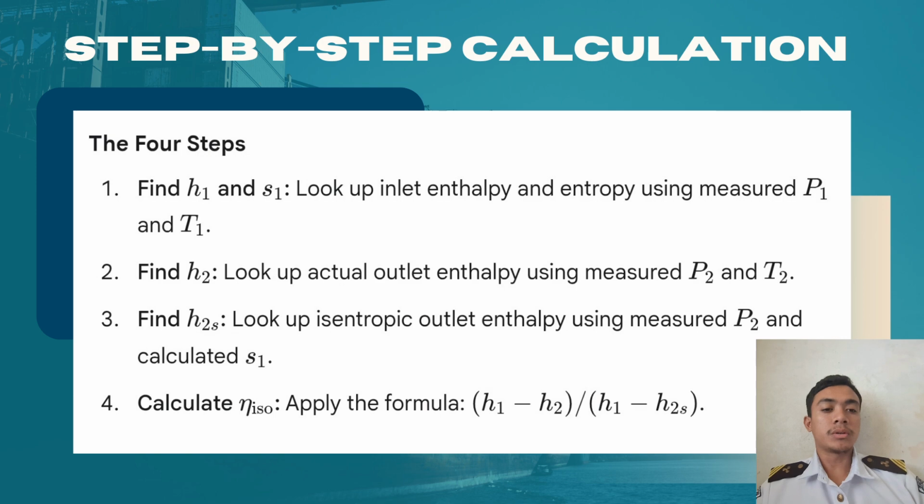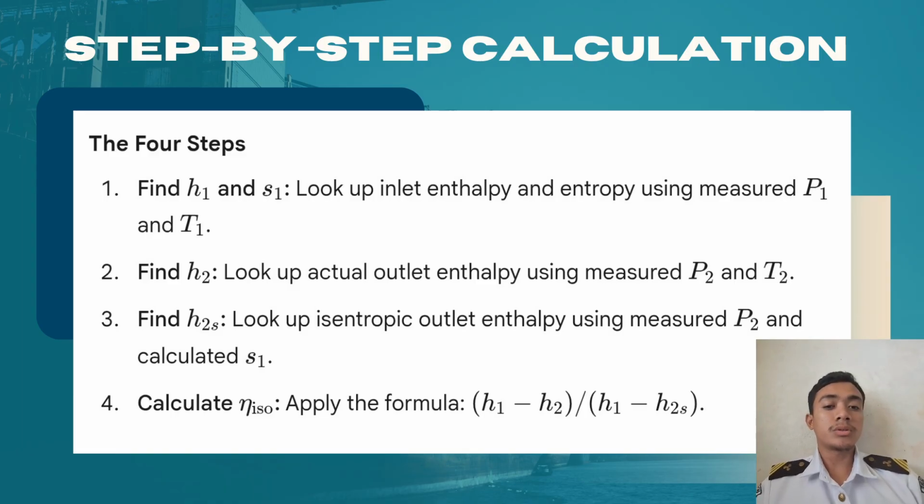Step-by-step calculation. Step 1 and Step 2 are direct. We use the measured pressure and temperature at the inlet and actual outlet to find H1 and H2. The crucial thermodynamic step is Step 3: find the isentropic outlet enthalpy, H2S.